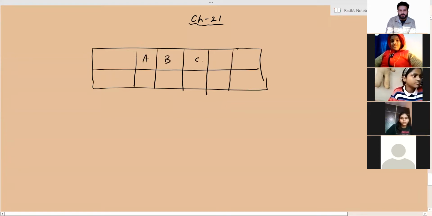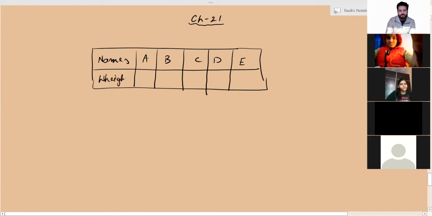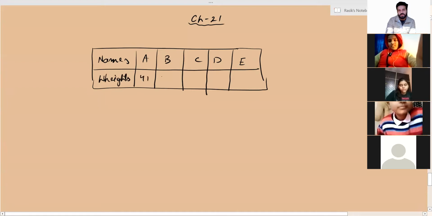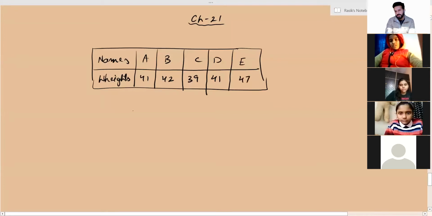A, B, C, D, E are the names of the students and here are the weights. Suppose the weight of A is 41 kgs, B 42 kgs, C 39 kgs, D again 41 and E 47 kgs. So there are 5 students in the class and their weights are written here.